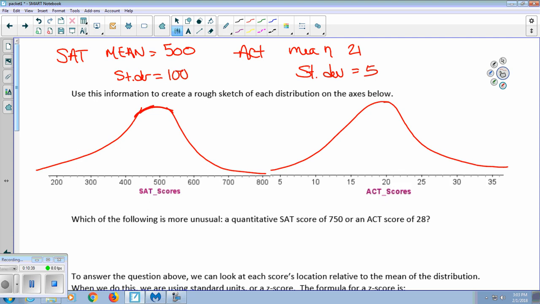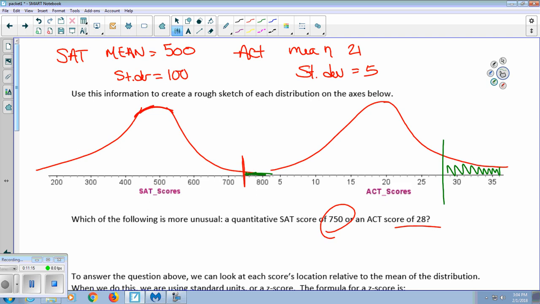So let's go ahead and answer these questions. Which of the following is more unusual? A quantitative SAT score of 750 or an ACT score of 28? So let's take a quick peek of where 750 lies. Looks like it's out here. And where 28 is, which is right here. And so you can see what's beyond those two scores.